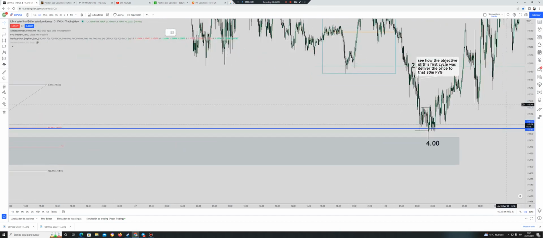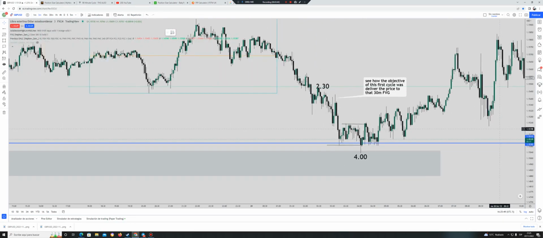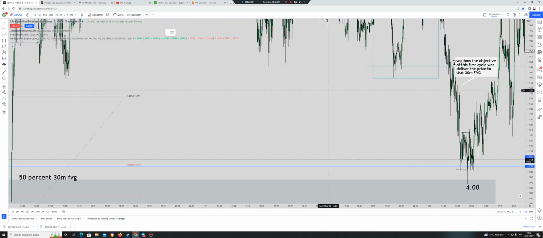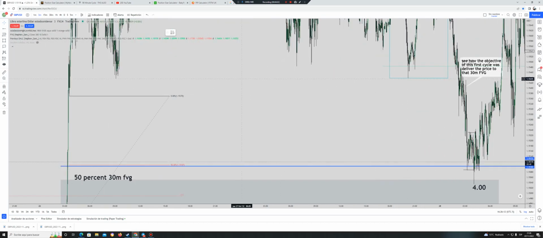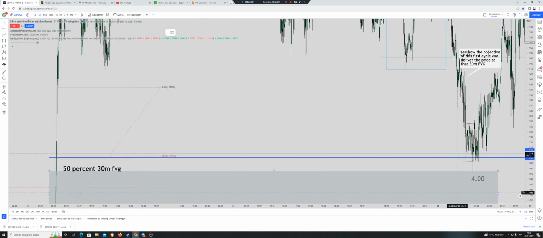So now look what the 2:30 90-minute cycle does. Here we got 2:30. Look what it does, it doesn't have a big volatility, but now look how the 2:30 yen goes down, taking Asia low, taking that liquidity from Asia low, and from those lows coming to the fair value gap here, to the 50% of the fair value gap.